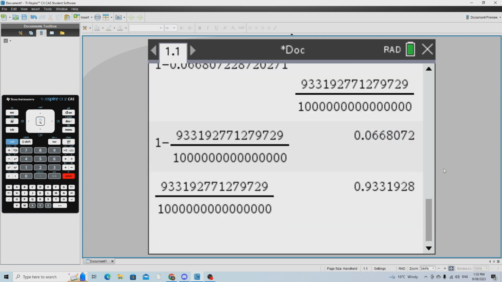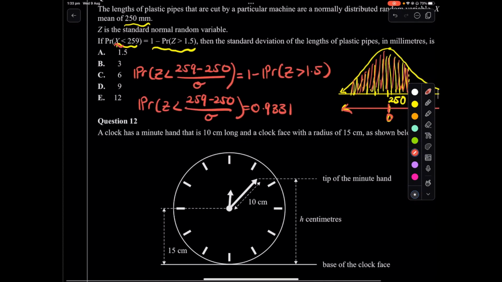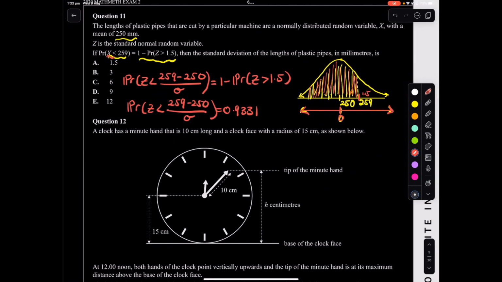So let's write it over here: probability of z less than 259 minus 250 all over the standard deviation, equals 0.9331. So what we're going to do now is really look at it like this. That value over here is pretty much right over here. That's your probability, that probability over there.